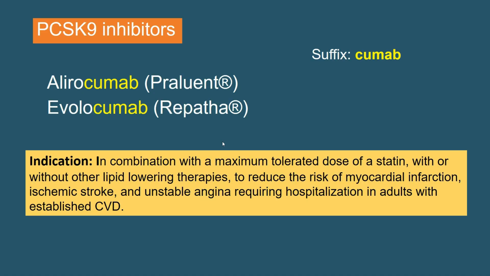These medications are used in combination with the maximum tolerated dose of statin because it is an expensive medication, and they are also added for those who have higher risk of myocardial infarction, ischemic stroke, unstable angina, or require hospitalization due to cardiovascular diseases. So these drugs are add-on therapy on top of the statins, aiming for lowering LDL.